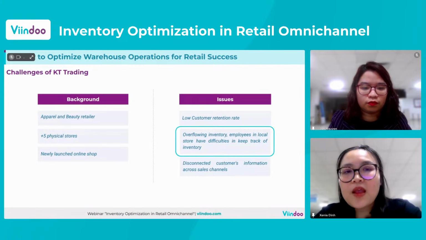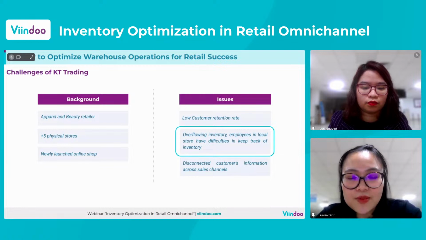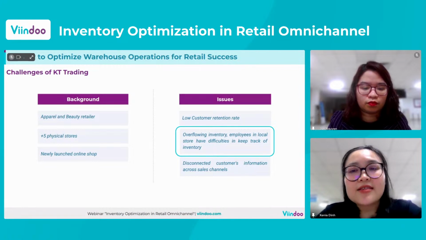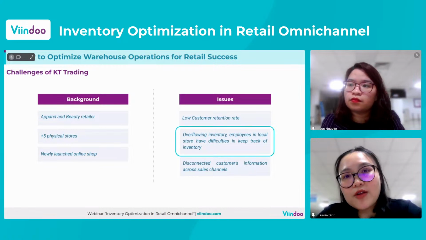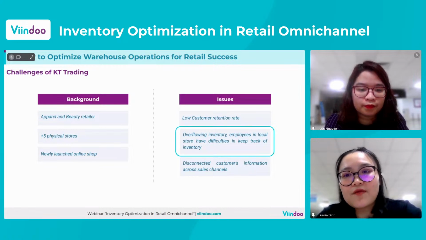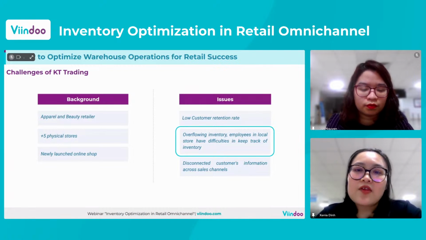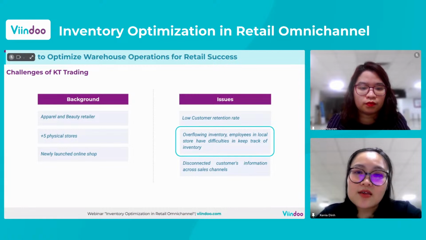Okay. And coming to us, the KT managers' team had already done some exercises from their side, and they had identified the main 3 issues: low customer retention rate, overflowing inventories, their own employees in local stores having difficulties keeping track of the inventory themselves, and the third issue is disconnected customer information across sales channels.